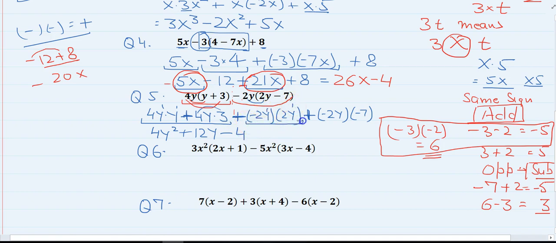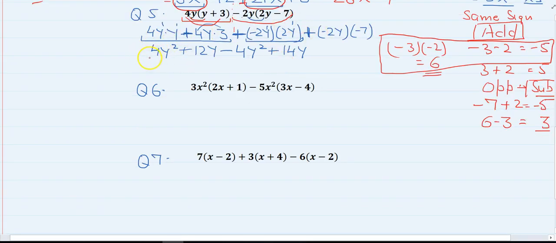This is a separate term, so this will be a y square. Now here we have two negatives, 1 and 2. Negative and negative, I told you, negative and negative is positive. So positive and positive will remain. 7 times 2 is 14y.